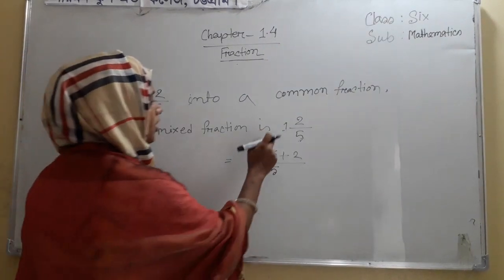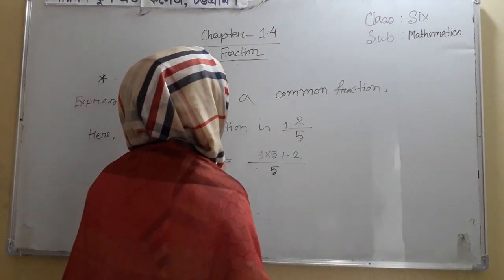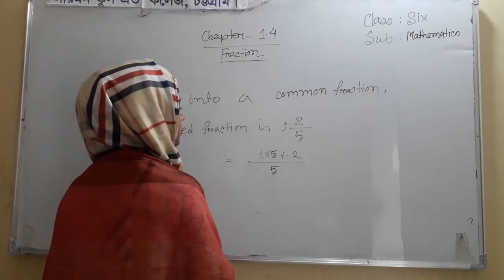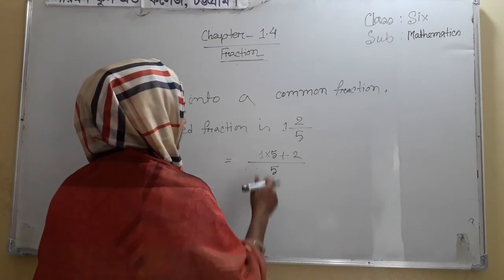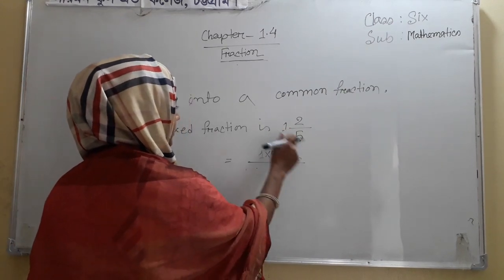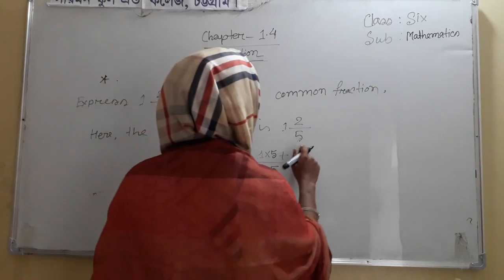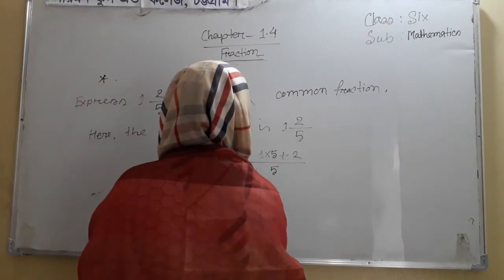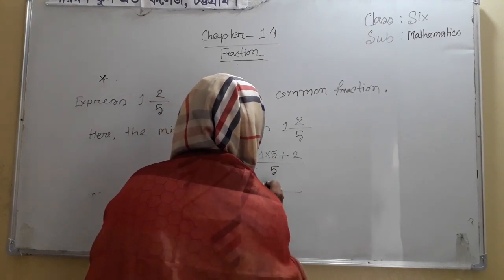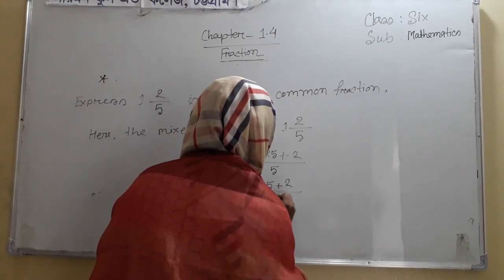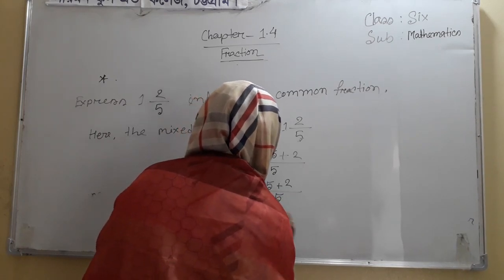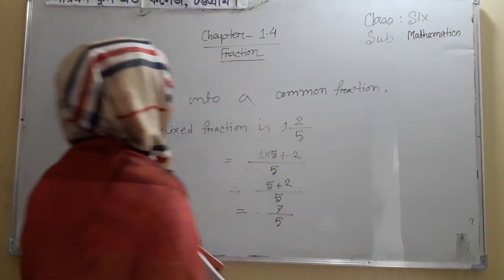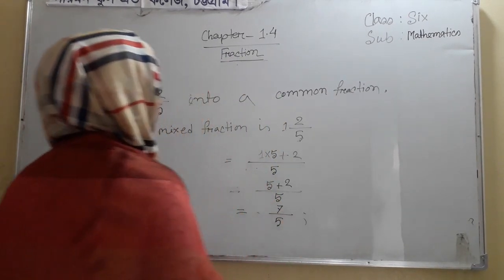Again I say, to convert to common fraction, integral part and denominator have to be multiplied. That means 1 into 5, and that product we need to add with numerator. That means plus 2. Now we have 5 ones are 5 plus 2 divided by 5. That means 5 plus 2 equals 7 divided by 5. This is common fraction.